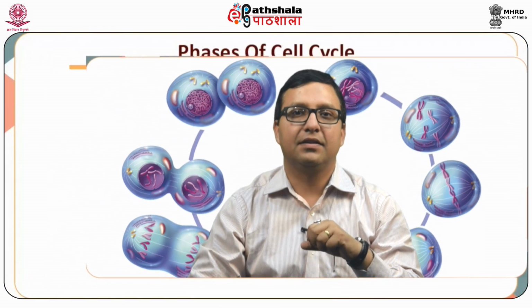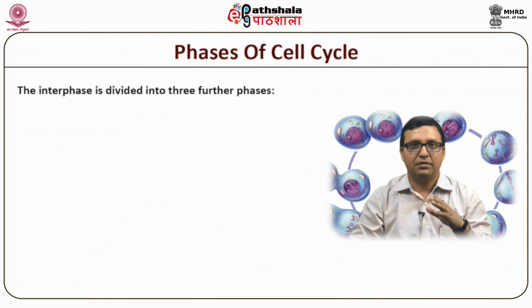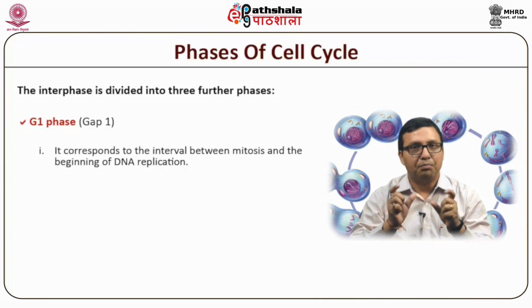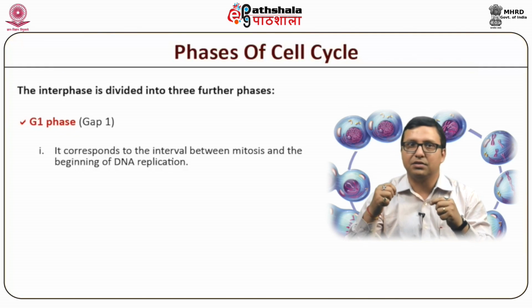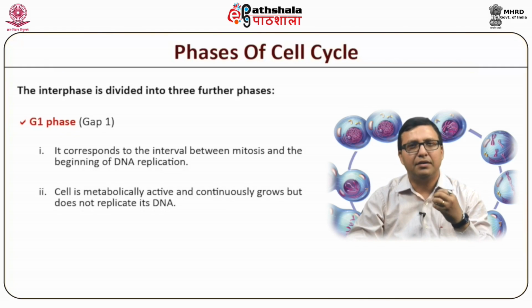As we have seen earlier, interphase is further divided into the G1 phase, S phase and G2 phase. Let's start with the G1 phase first. It is the interval between mitosis and the beginning of DNA replication. During this phase, the cell is metabolically very active but does not replicate its DNA.